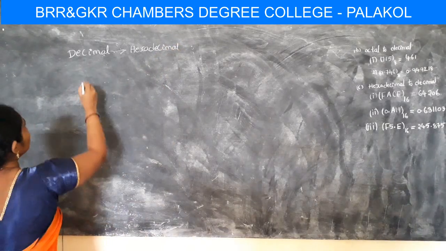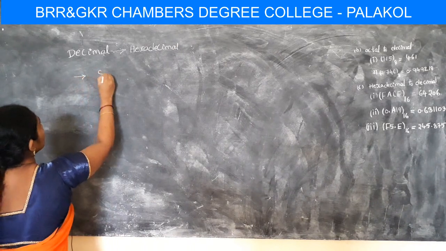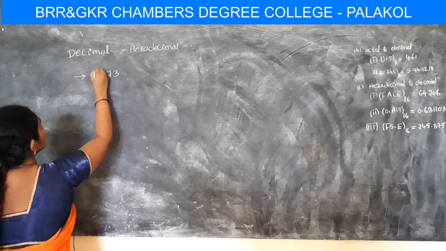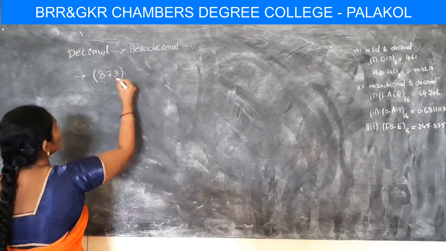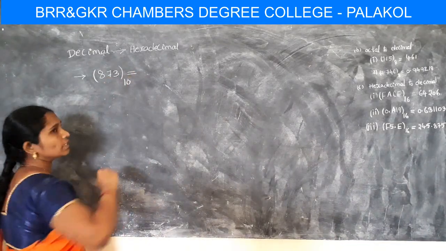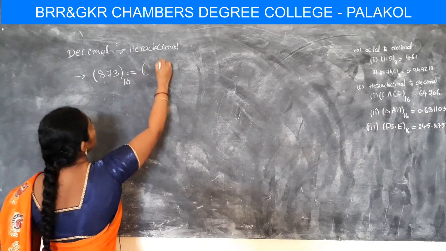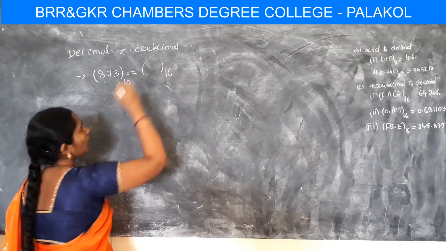So the example is 873. This is a decimal number, and it is converted into a hexadecimal number.